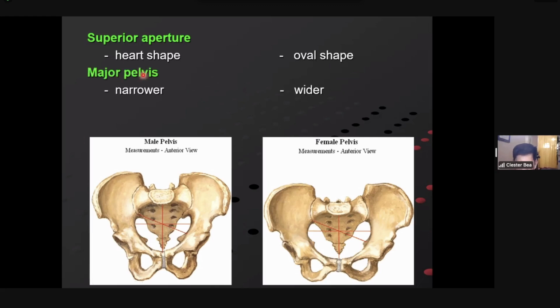Okay? The major pelvis, though narrower in the male, wider in the female, and the minor pelvis, wider in the female, narrower in the male. Ito na, yung minor pelvis, ito, yung lesser. Yan. Wider naman daw yan sa female, dito, comparing to the male.